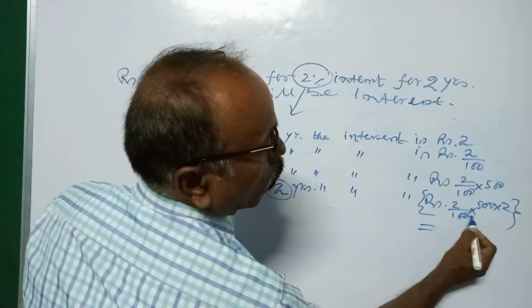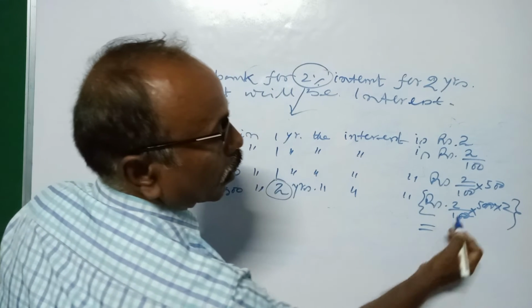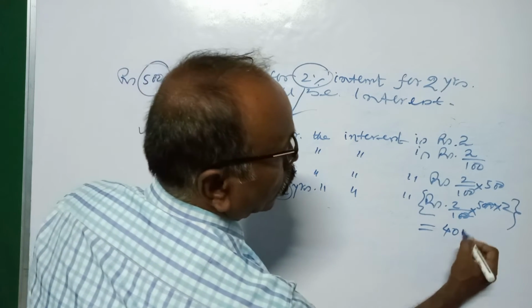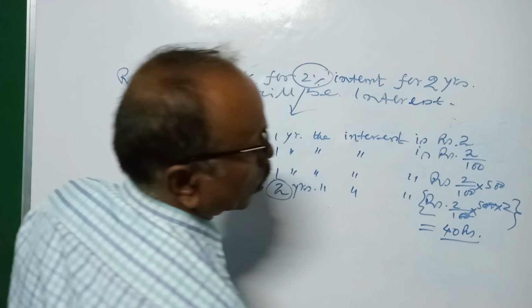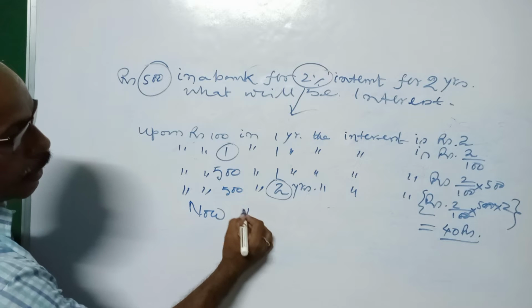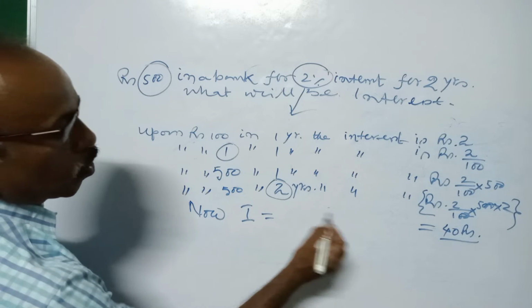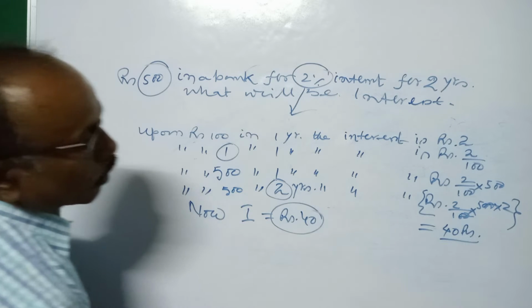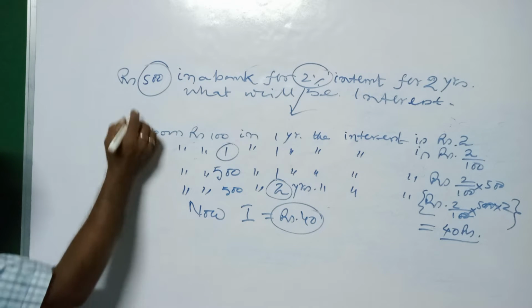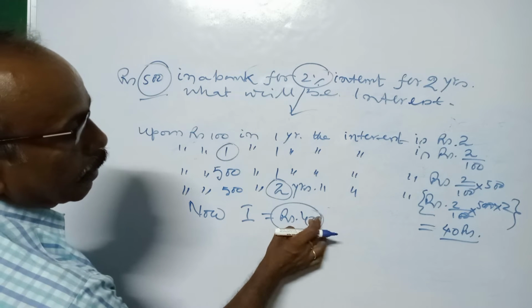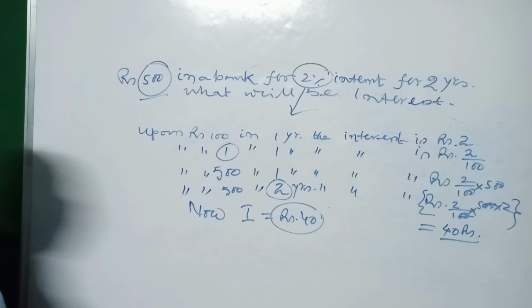The 00 and 00 are crossed out, 2 2s are 4, 4 5s are 40 rupees. So interest is equal to rupees 40. My dear student, you see, it is a very easy method to calculate the interest in a simple interest problem.